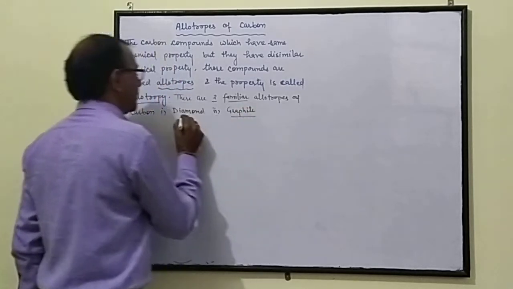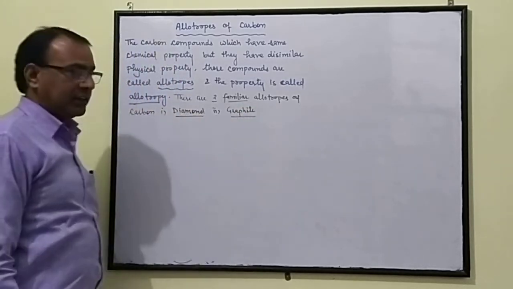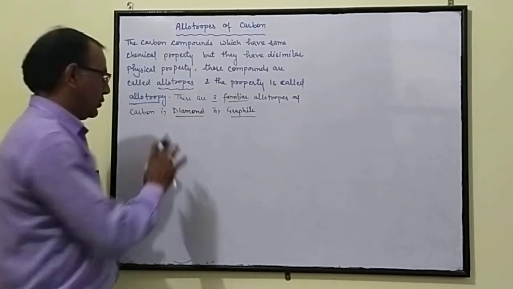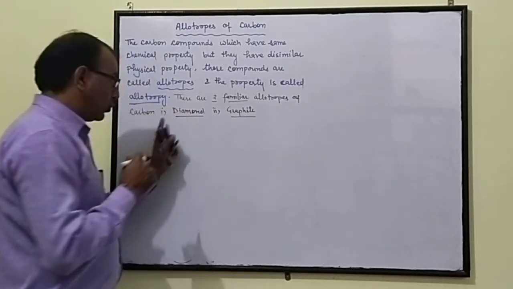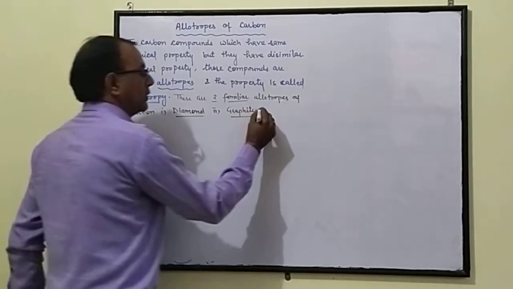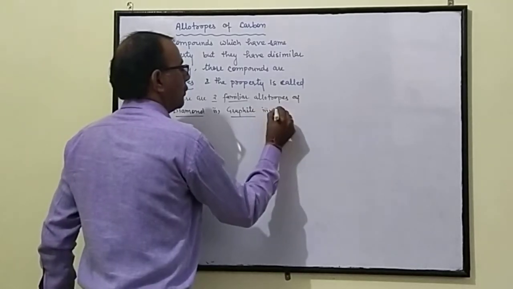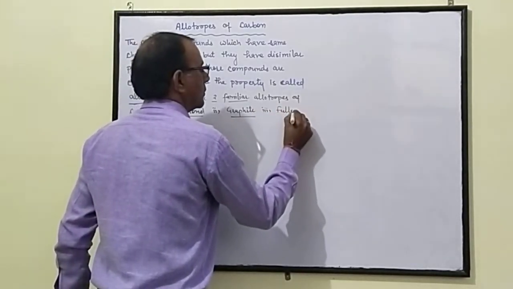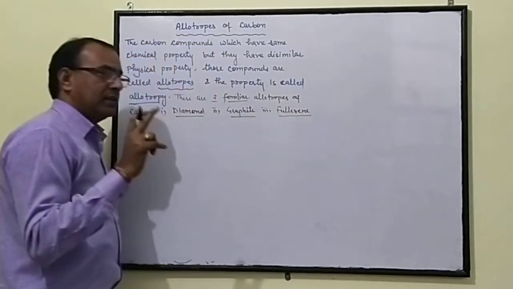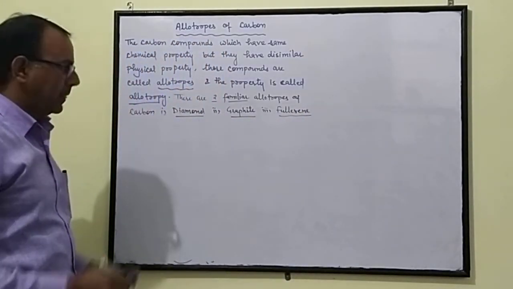Otherwise there are 8 allotropes of carbon. In this part we will also discuss fullerene, so these are 2 famous allotropes of carbon, but we will discuss 3.